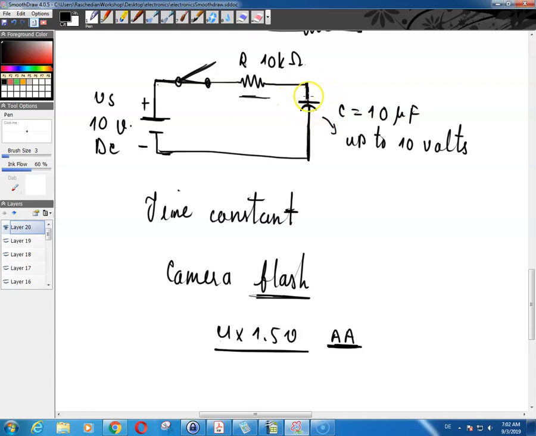And then once that capacitor is charged, there was a part in the flash that, using some sort of technology, would create an instant source of light in the flash.